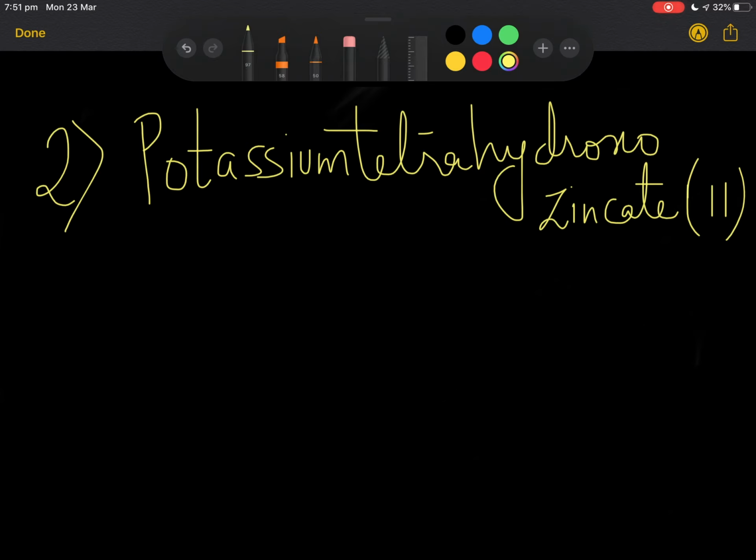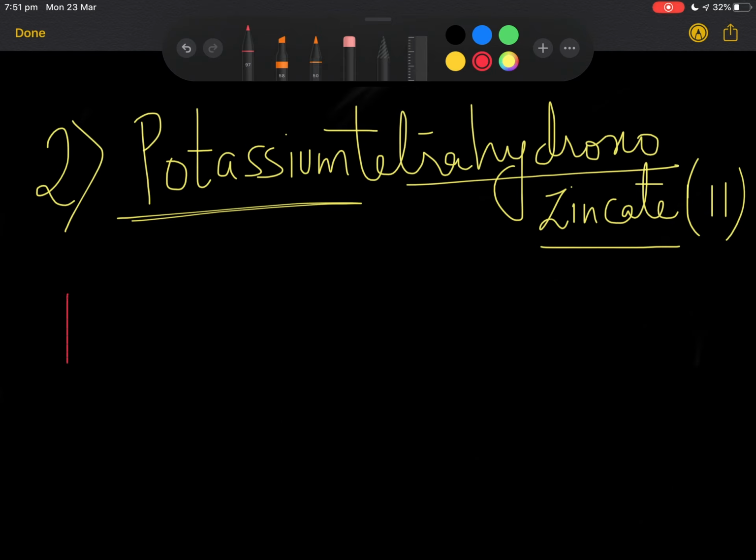Now in this case, if you see, the ligand is hydroxo. Again, the metal atom is ending with 'ate'. So I get to know that the charge on the complex has to be negative. And potassium is a cation over here. So how do I write? Whether it's a formula or the nomenclature, we have to first cite down the cation.